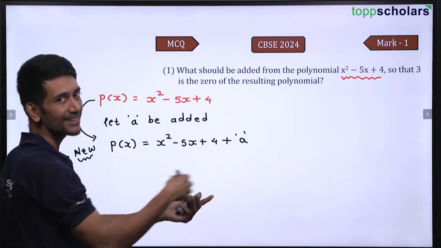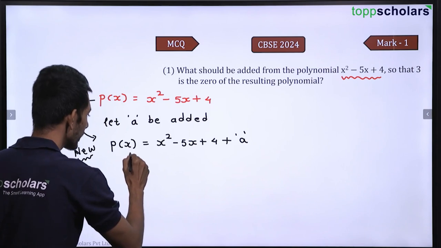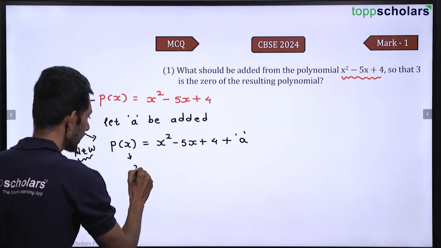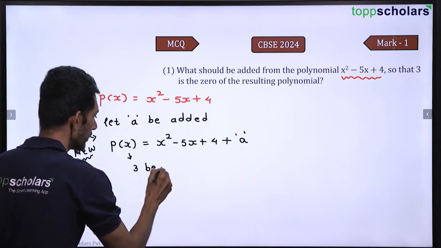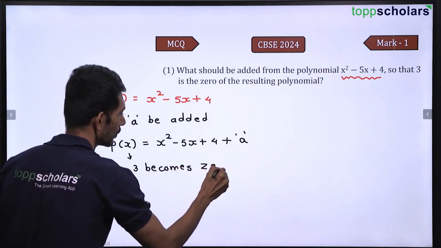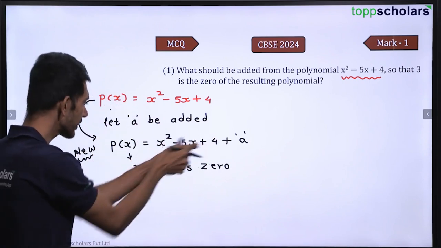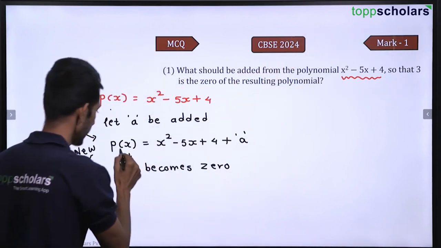New number is added, say for example a. What is the 0? 3 is the 0 here. 3 becomes the 0. When we add a, here 3 is not 0, here 3 is 0. So put x as 3.